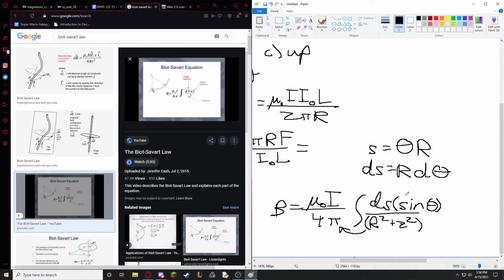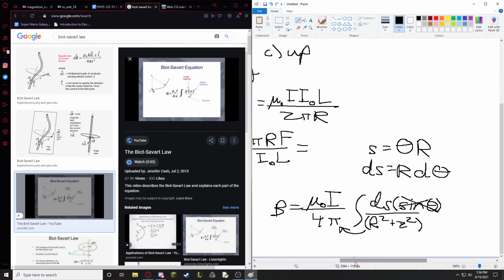And this theta is different than the sine theta here. We can sort of ignore that, and it actually ends up canceling out when we integrate all the way around.